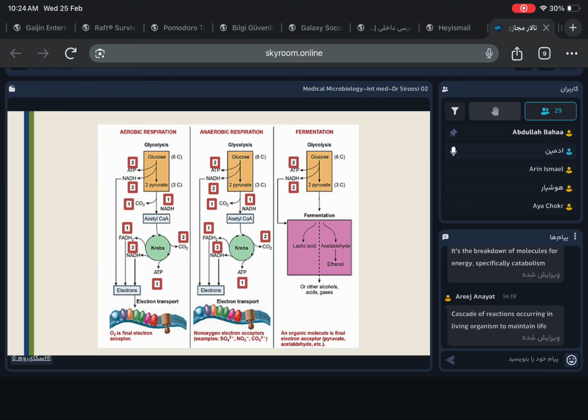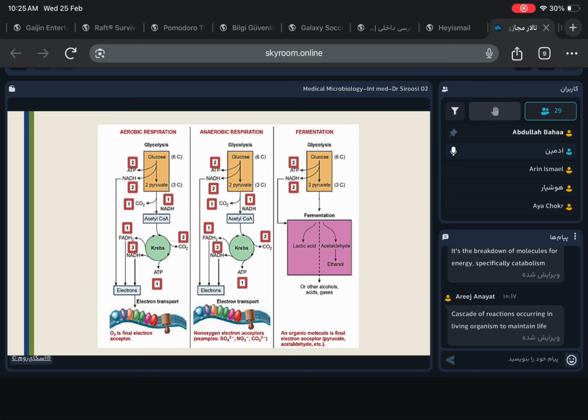In the Krebs cycle, 1 GTP is actually released, but GTP equals ATP when it comes to energy. That's why we say that in each cycle of the Krebs cycle, 1 ATP molecule is released.